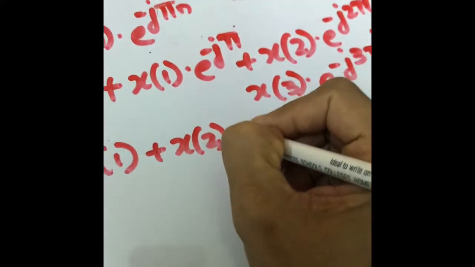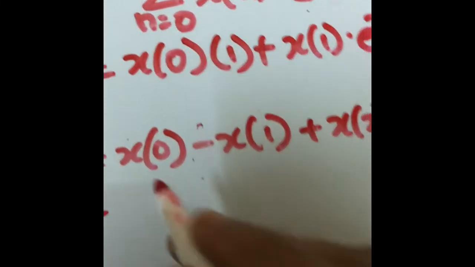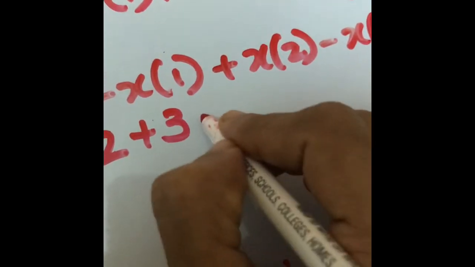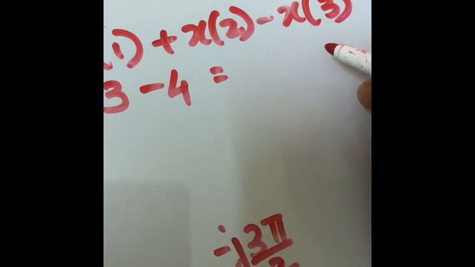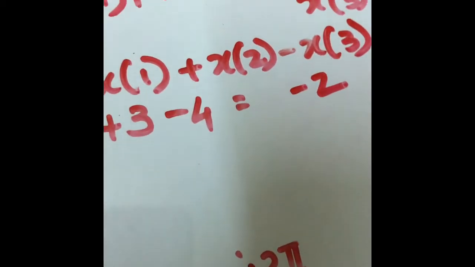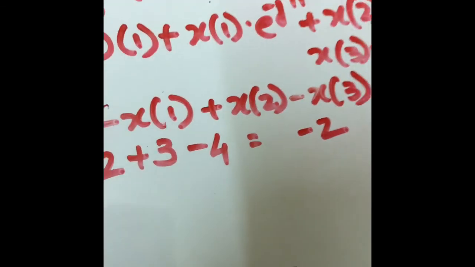So here again I will have minus x of 3. So let us substitute these values. So it is 1 minus 2 plus 3 minus 4. So the value is minus 2. Clear?